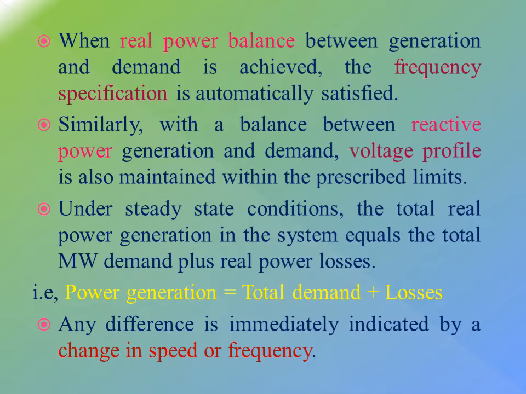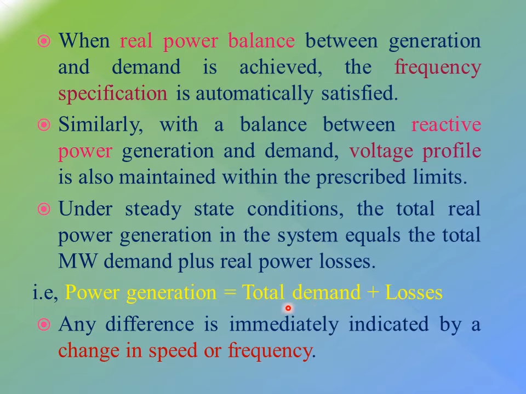For proper operation, the real power as well as the reactive power balance should be maintained. If the real power is balanced, then your frequency specification is automatically satisfied. And if the reactive power balance between the generation and demand is maintained, then the voltage profile will be correct, right? Always your generation should be equal to your total demand and the losses, right?